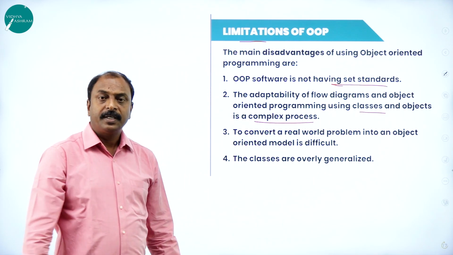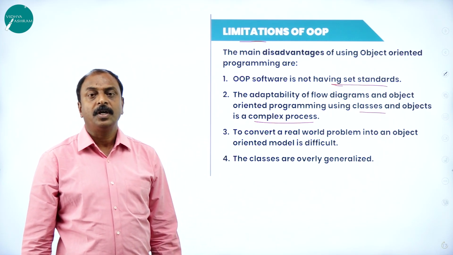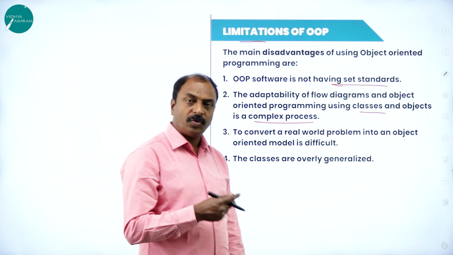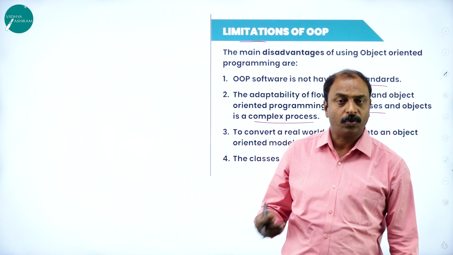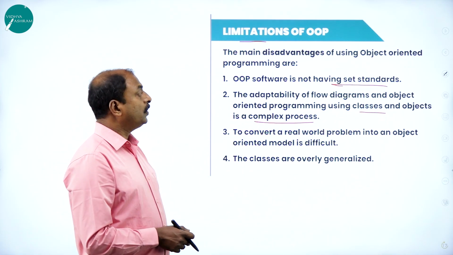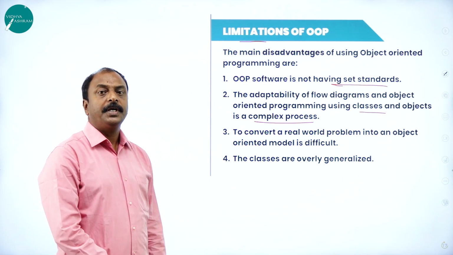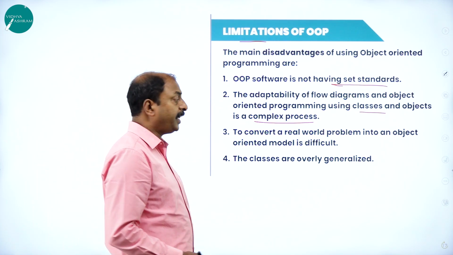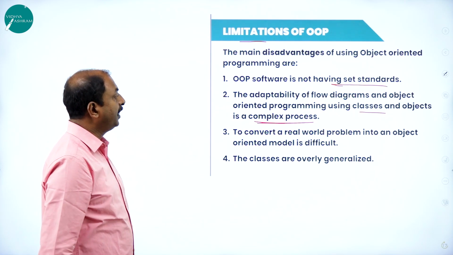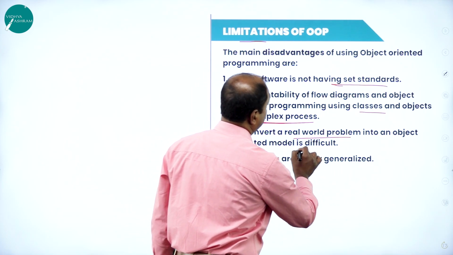We learned in the previous year about problem solving methodology: first we write the flowchart, algorithm and pseudocode, then convert those into a program, which is called coding. Converting an algorithm, flowchart or pseudocode into a program is a tedious and complex process.